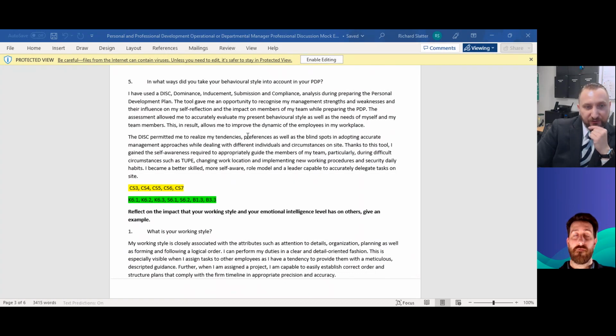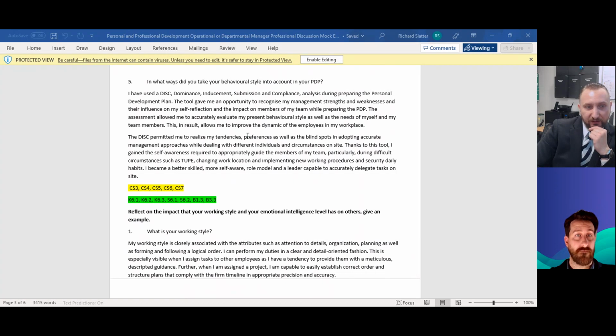The DISC permitted me to realize my tendencies, preferences, as well as the blind spots in adopting accurate management approaches while dealing with different individuals and circumstances on site.